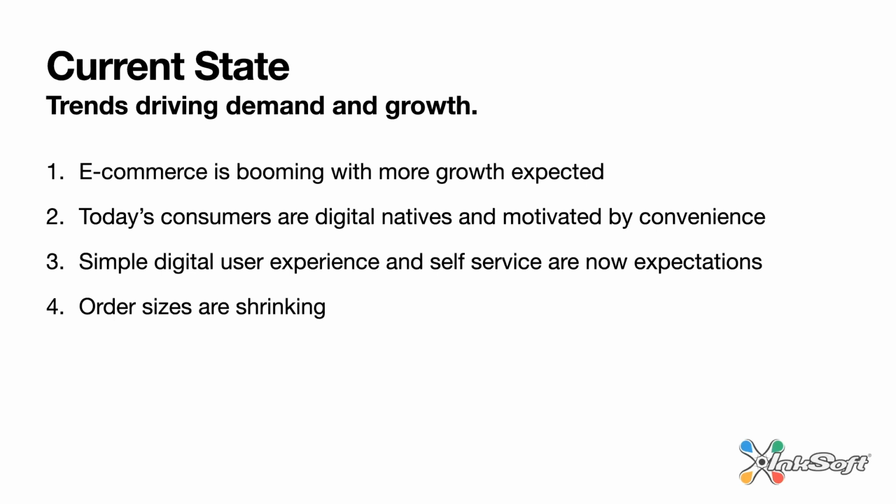So there are a lot of drivers here, and we'll unpack that in a moment. But the reality is, short run length orders are going to be the future, and we need to make sure that we are optimizing for those consumer preferences, right? I don't want to deal with inventory. I need exactly a specific quantity on demand, and I expect to be able to replenish and reorder that.